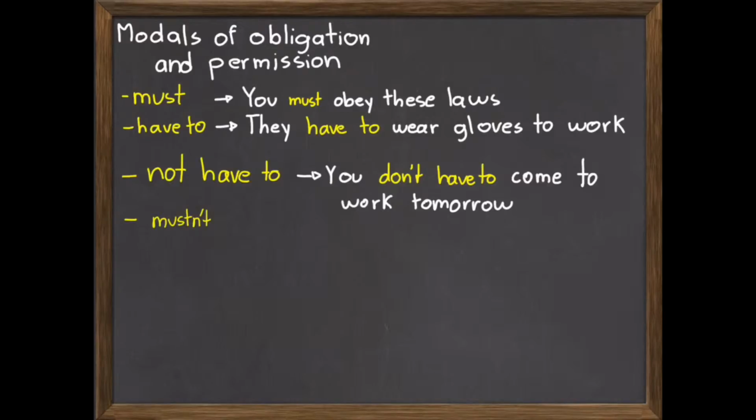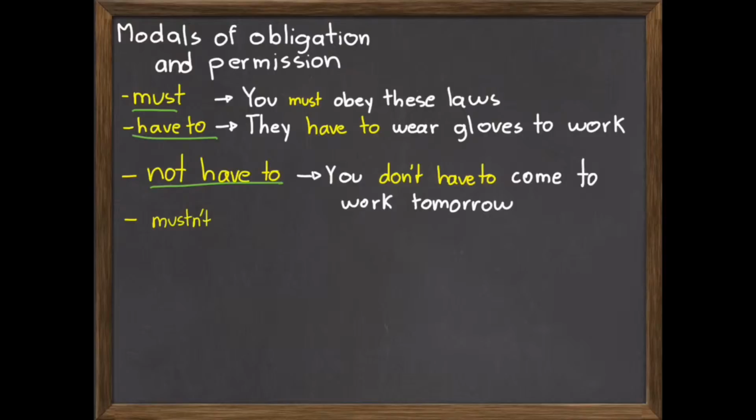We use mustn't or must not to talk about prohibition. That means something that is not allowed. As you can see, before these negative forms, must and have to talk about obligations, something that you have to do, you must do, that you're obliged to do.